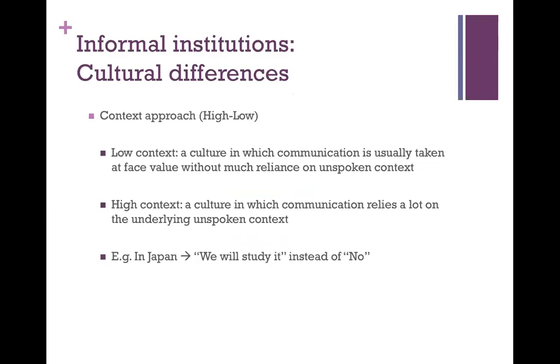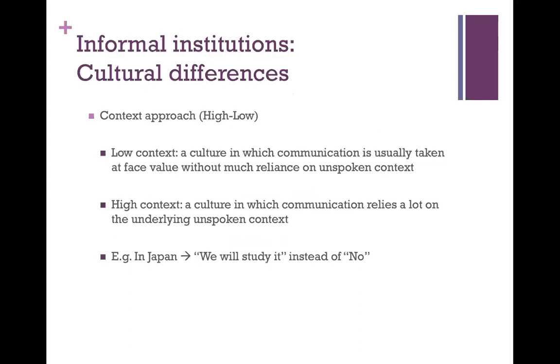Now, since we know that we can group ourselves based on cultural differences, there are several approaches that we can observe. Some scholars suggest we can look at cultural differences based on the context approach, whether it is high context or low context.